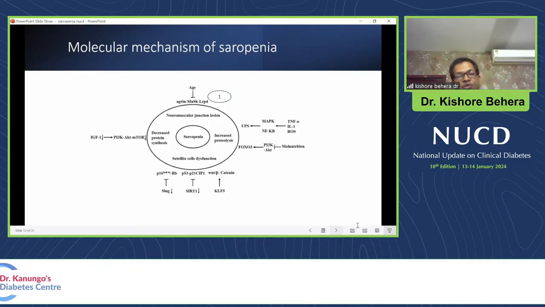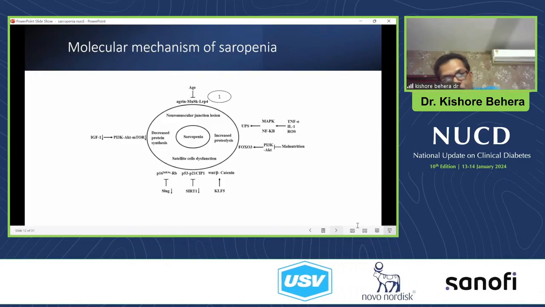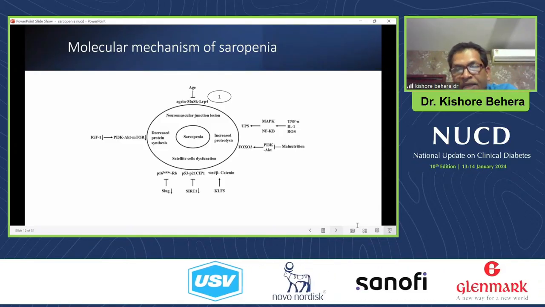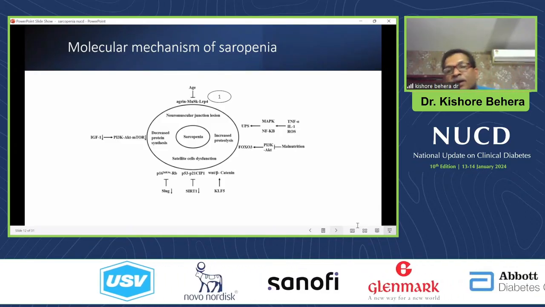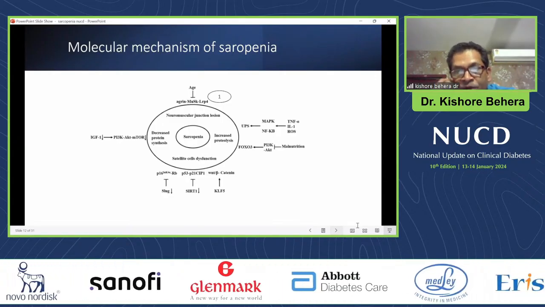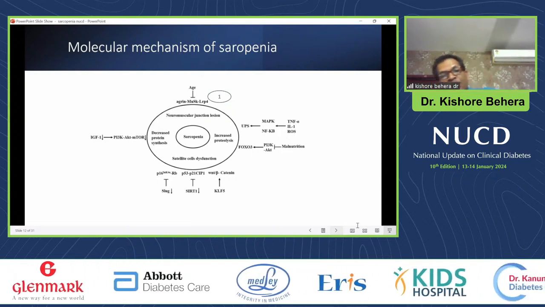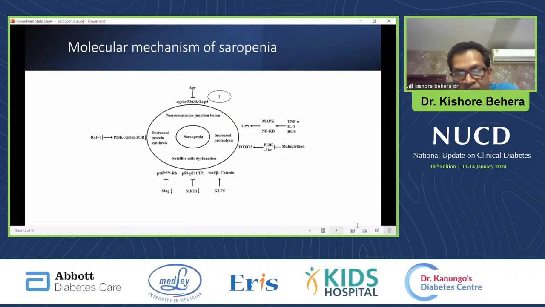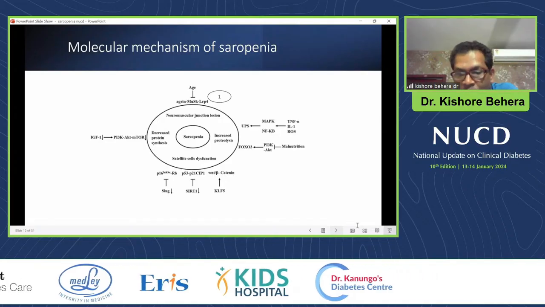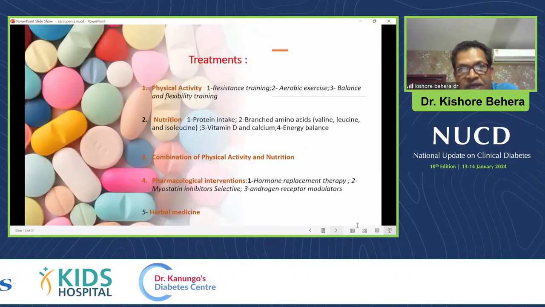The second is that as age progresses, there is a decrease in IGF-1, so the PI3K, AKT, mTOR pathway decreases, which leads to decreased protein synthesis. And then there is degradation of protein, autophagy, and UPS or malnutrition. When there is activation of FOXO, there will be increased proteolysis, or when there is satellite cell dysfunction. That also leads to initiation of sarcopenia.